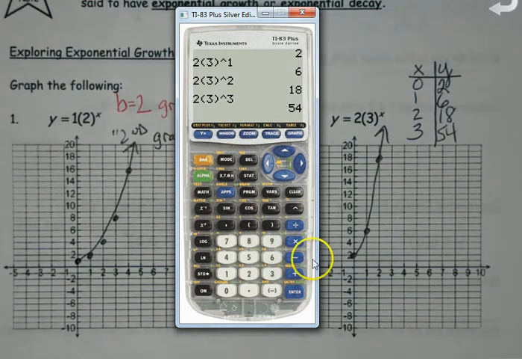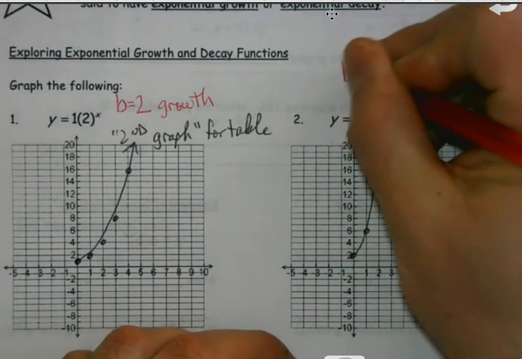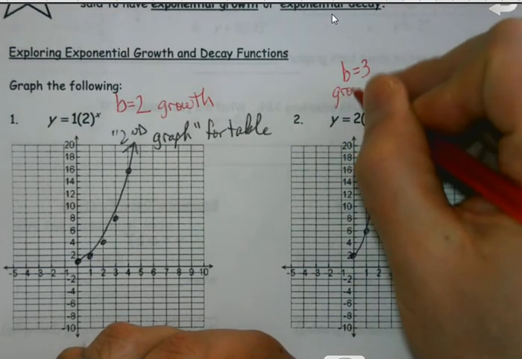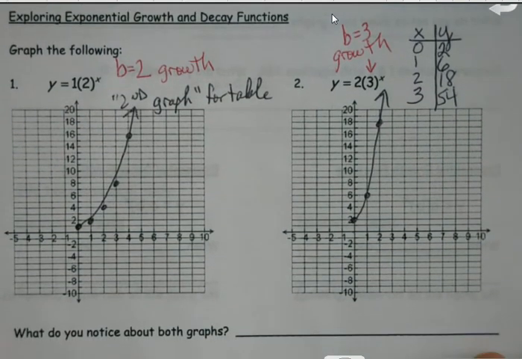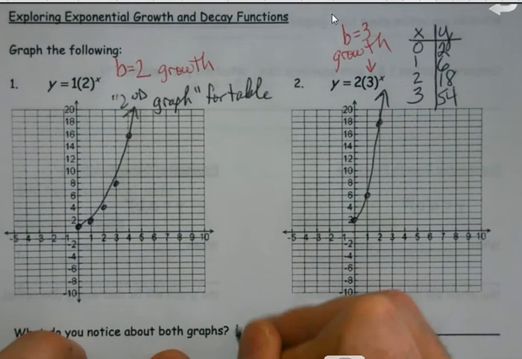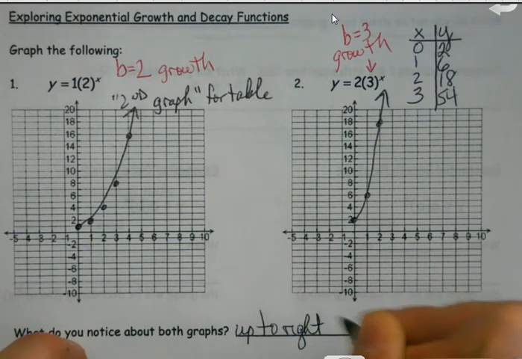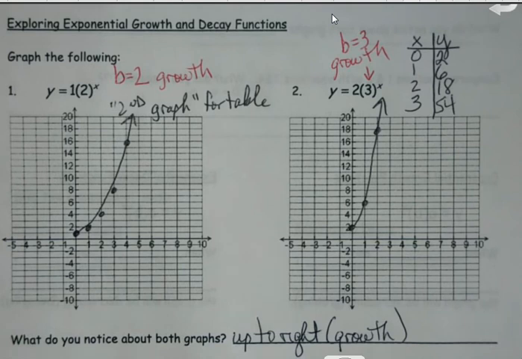And I already knew that for this particular one because my b value was 3, which is greater than 0. So I knew it was going to be growth. And both of these graphs go up to the right, which is signifying growth, okay?